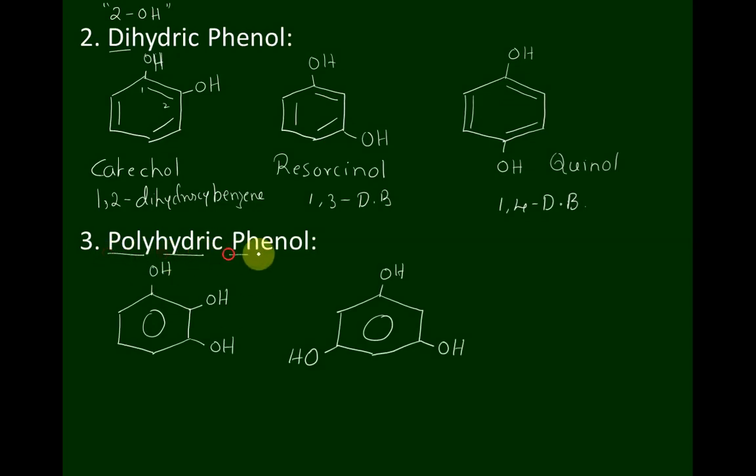Polyhydric phenols. Phenols which contain more than 2 OH groups on the benzene ring are called polyhydric phenols. These two are simple examples of trihydric phenols. The name of this compound is pyrogallol, and the name of this compound is phloroglucinol.